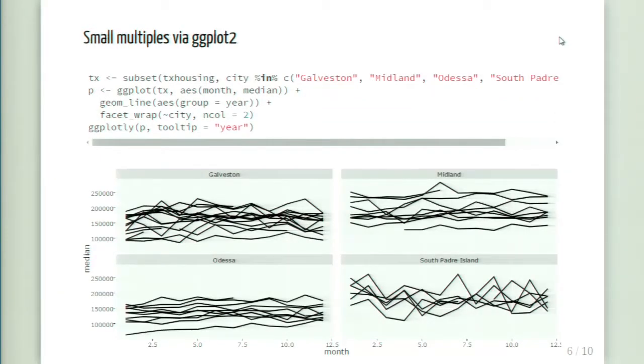And something we also do in Plotly is we convert ggplot2 graphics. So here I'm using ggplot2 to create a faceted plot, or sometimes called small multiples, and you get the same plot as you would get from ggplot2, but now it's interactive and web-based.